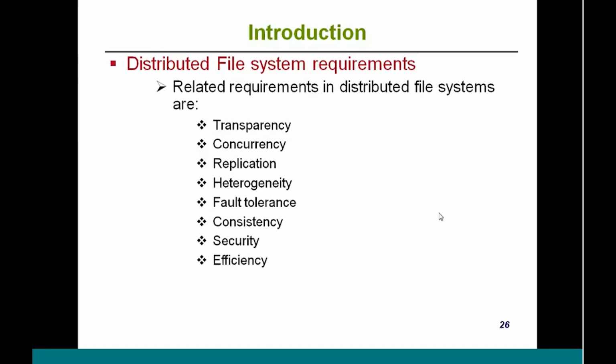Essentially it requires transparency, concurrency, replication, heterogeneity, fault tolerance, consistency, which is different from transparency and the other things, security, and efficiency. We will talk about what each term means in the context of a distributed file system, and also how to compare different file systems in the next chapter.